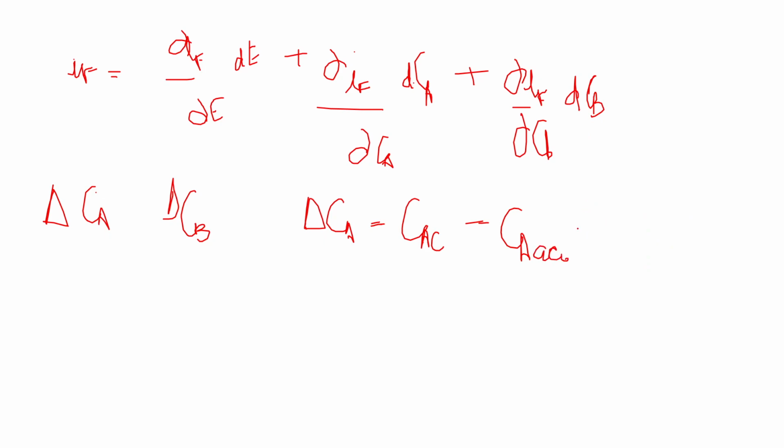CAC not, e raised to j omega t, e raised to phi. Yeah, e raised to j omega t. That's how you'll get del CA.